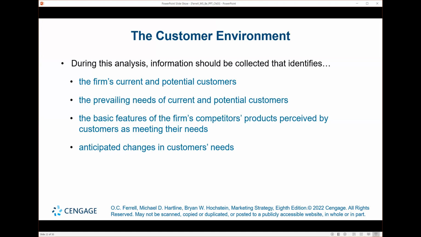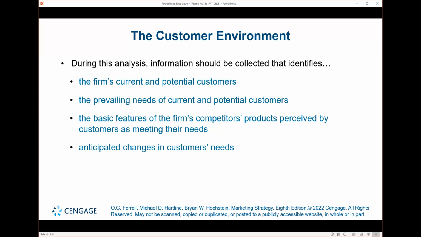You need to look at the prevailing needs of their current customers and the future ones. You also have to look at the basic features that the competitors provide, and whether or not they would meet your customer needs as well, and whether or not you need to adopt them. And then hopefully are understanding the anticipated changes in customers' needs.